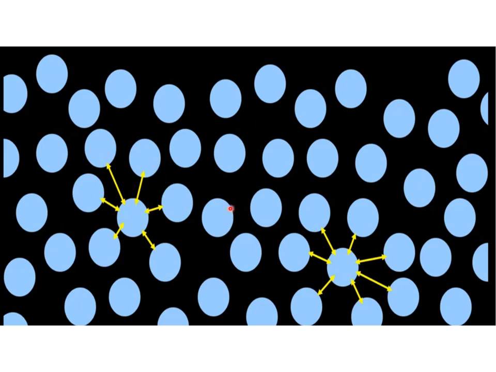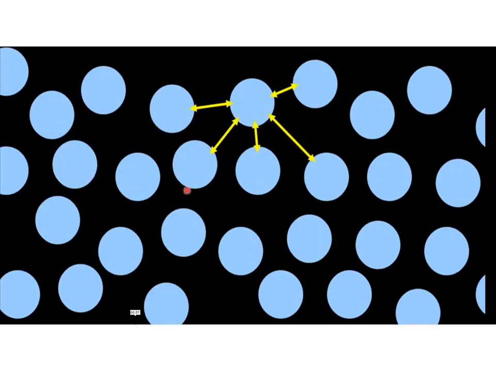But if you look at the one at the surface, you will find it is attracted downward and to the sides, but there is nothing from the top. So overall, the particles at the surface are attracted downward, trying to shrink the size of the liquid inside.